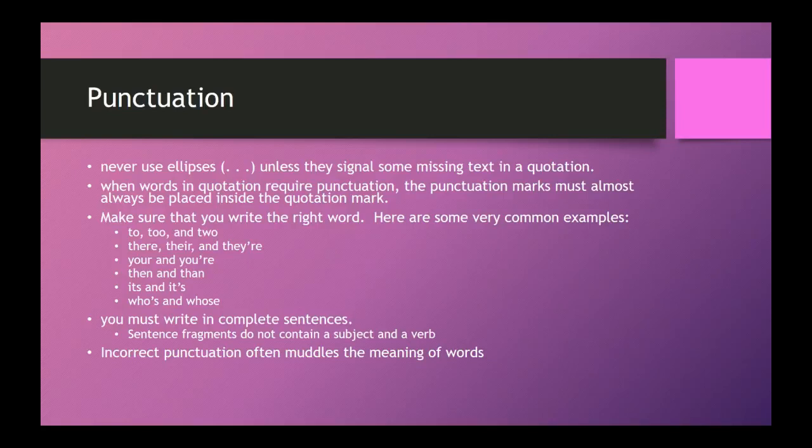Now, the next group is one of the ones that causes most students the most problems. There, their, and they're. Now, I've already told you you're not using contractions. So that third one doesn't exist in your vocabulary in this class, or probably in any of your classes. It shouldn't exist. So you're going to use the first two.